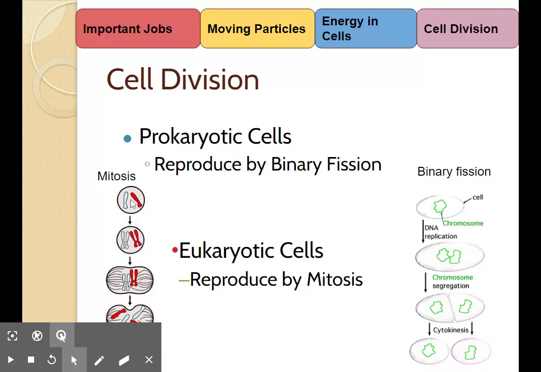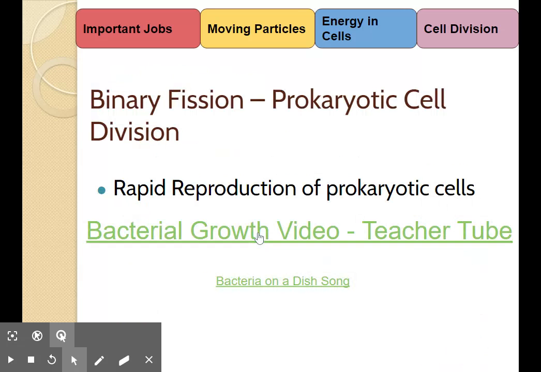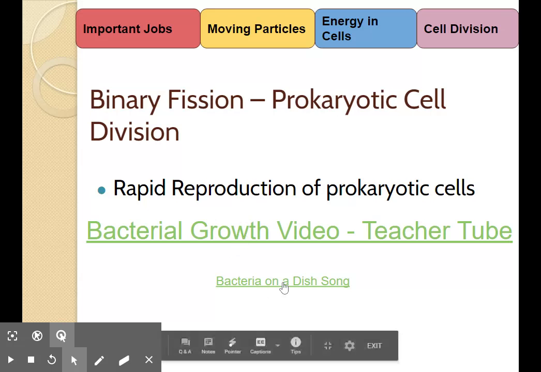Over here in mitosis, you have these little things called chromosomes. They actually have to start to build a proper cell. It has a few more parts inside, so it has to take a little more time to do that. Binary fission is a case of rapid reproduction of prokaryotic cells. There's a little video clip here, and then there's a little song that goes with it.